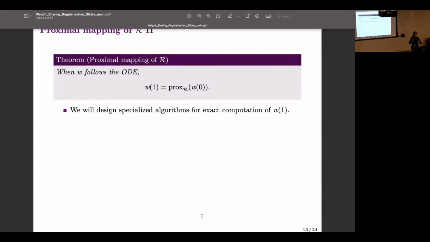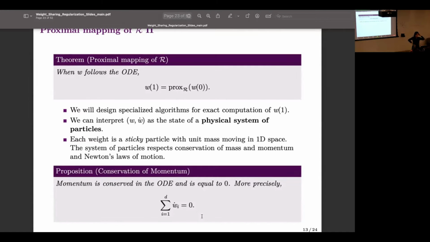Now I'm going to talk about how this moving from step 0 to step 1 happens, and what we should do to satisfy it. We're not actually solving the ODE exactly numerically. We're going to see what it means that the ODE moves one step ahead.